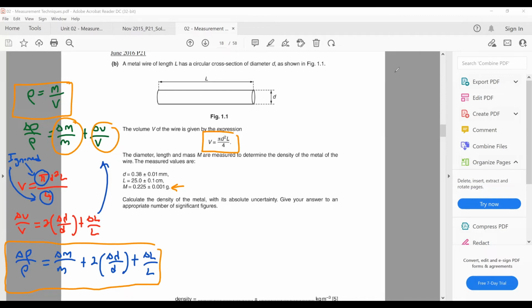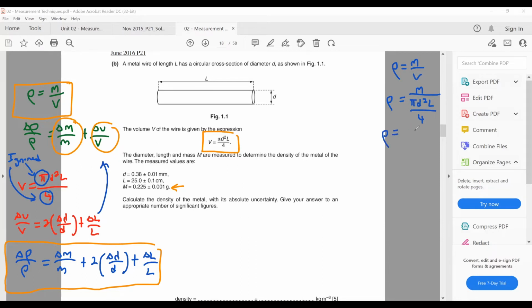If I tell you that density is m over v, I straight away substitute what is v inside. I will get m equals to pi d square L over 4, giving me 4m over pi d square L. Now once it's in this form, maybe I write it at the bottom so that it becomes easier to see.